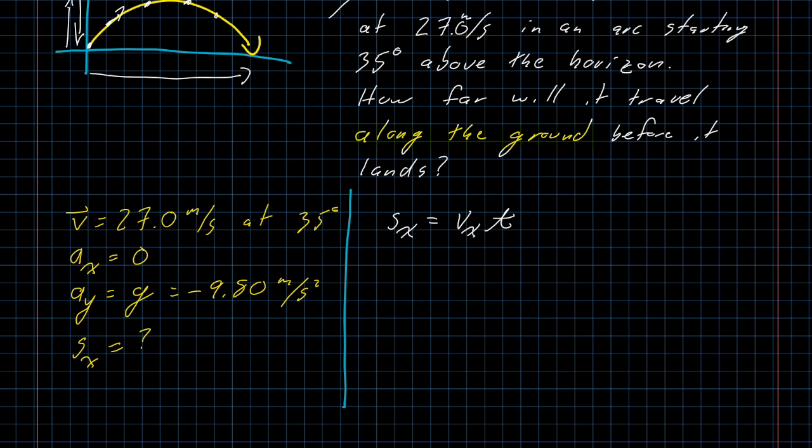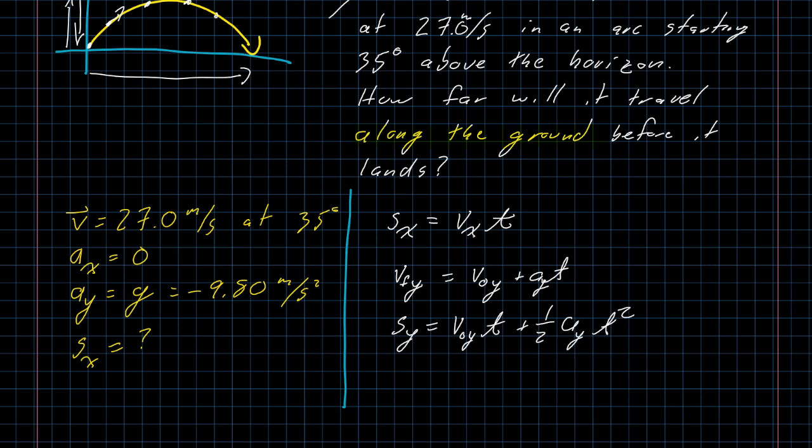We know that Vfy is equal to V naught y plus at. We know that Sy is equal to V naught y times t plus 1/2 a_y t squared.